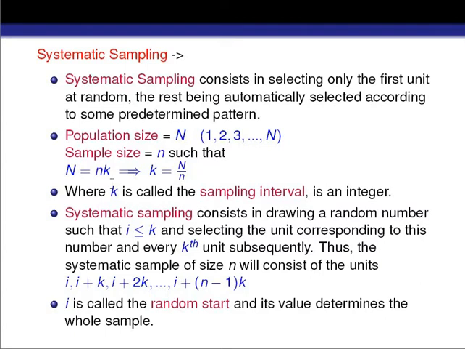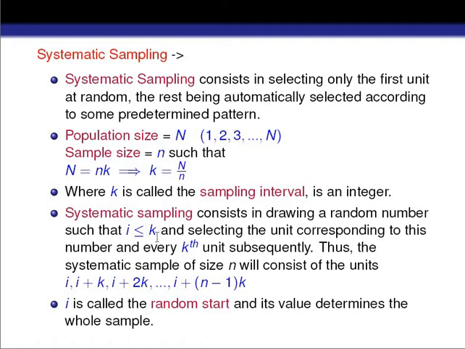Now we have to select a random number i for our first unit in such a way that i is less than or equal to k. That means the random number should be less than or equal to the sampling interval.